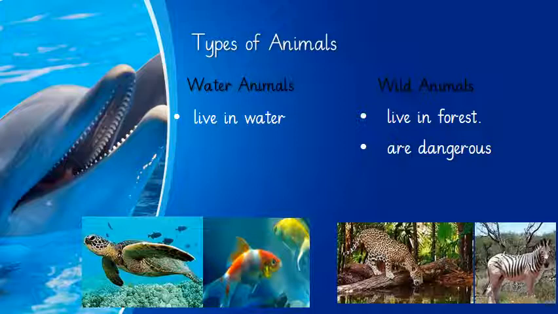Animals that live in the forest are called wild animals. These are very dangerous for us. These animals cannot be kept as pets. Examples of some wild animals are lion, tiger, zebra, and giraffe.